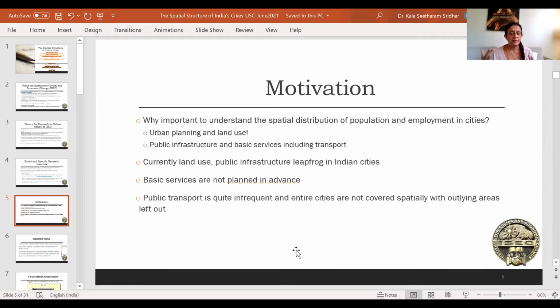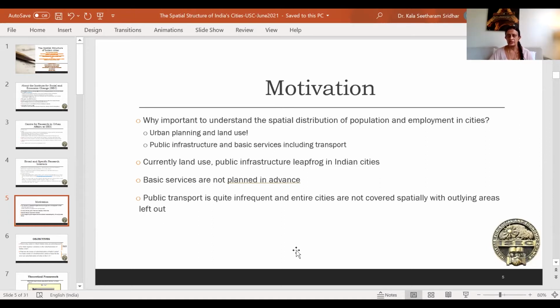So by the time the master planning, the land use planning, and the zoning take place, the city's actual growth has surpassed all projections and predictions, right? So it's very difficult to plan for basic services, land use planning, and most importantly, public transport based on this.